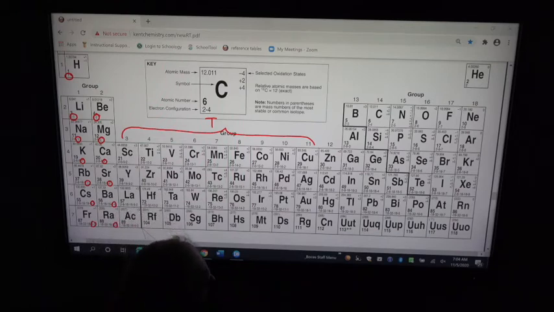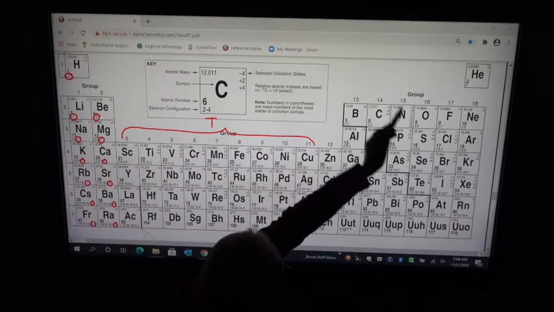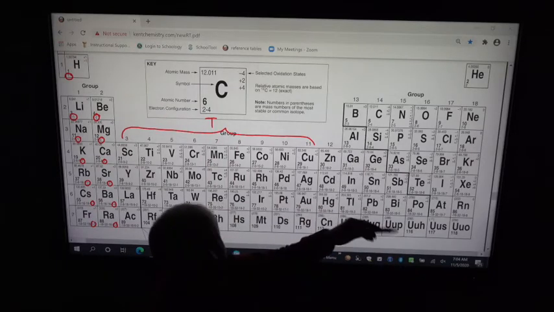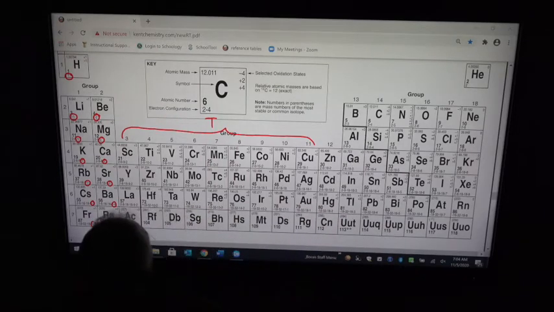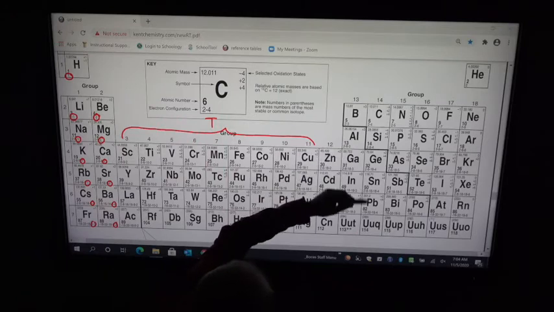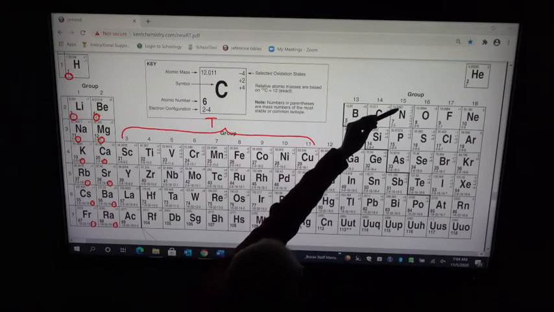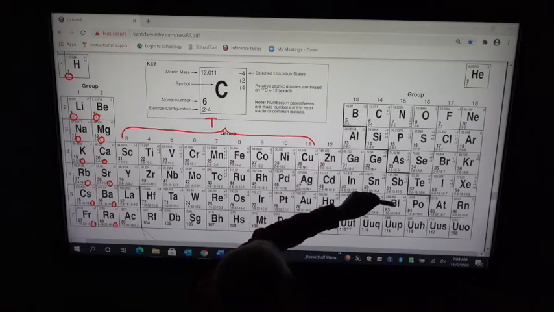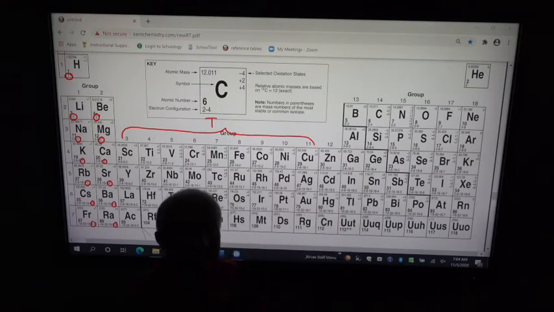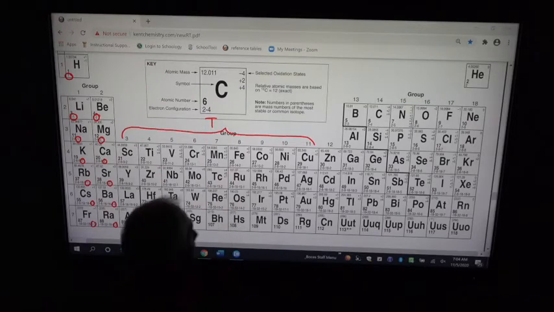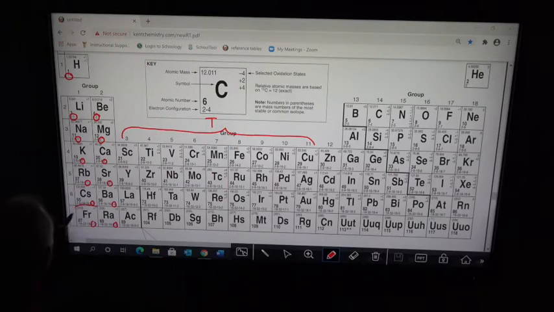Next, you remember, any group going down, they get bigger. So the atomic radius gets bigger as we go down. So in group 15, bismuth is the biggest element. Now, the bigger the atom, the more metallic it is. So we said the biggest atom is right here.